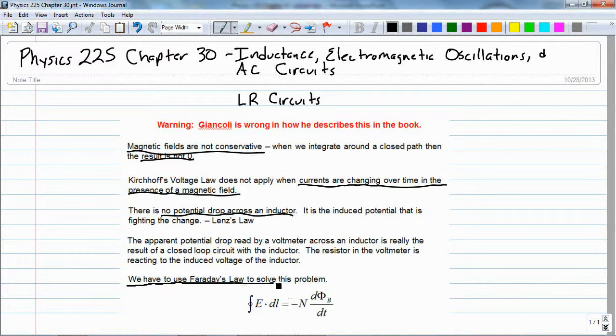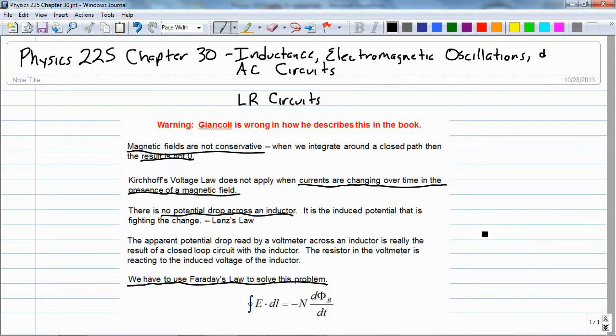And so this relationship that we brought up last chapter, we're going to talk about this more in chapter 31, but this is the basis for solving circuits. So if we integrate this electric field along this path, then that has to equal the change in flux inside of the circuit.